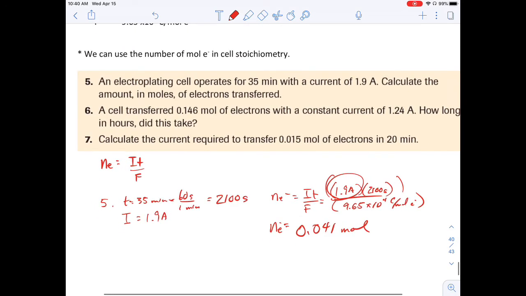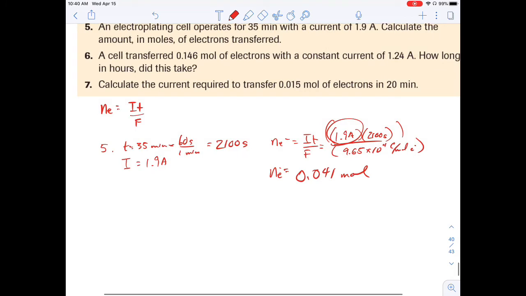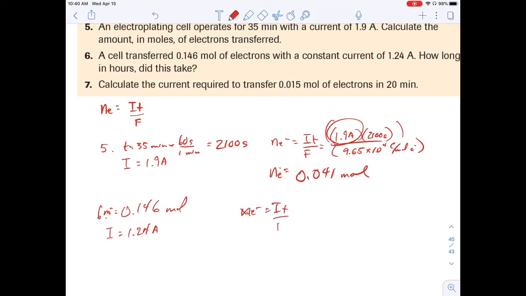Question 6 says a cell transfers 0.146 mole of electrons. So the number of moles of electrons is 0.146, and the current is 1.24 amps, and it wants time. If the number of moles of electrons equals current times time over Faraday's constant, then time equals the number of moles of electrons times Faraday's constant divided by current.